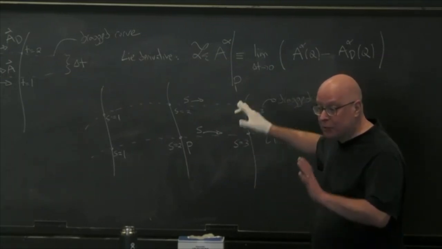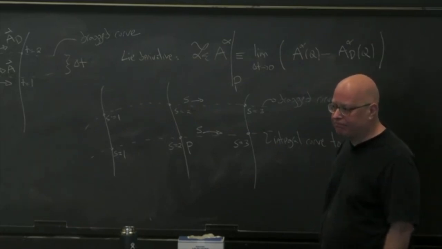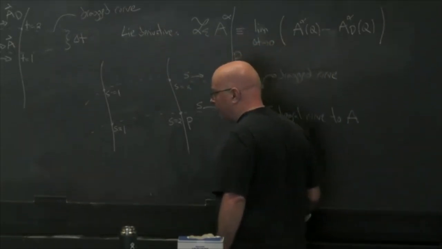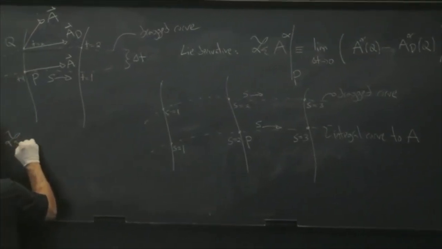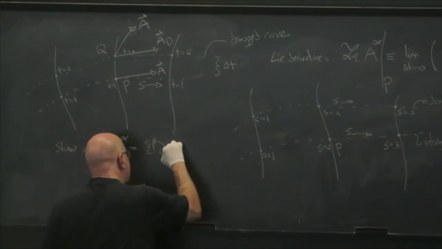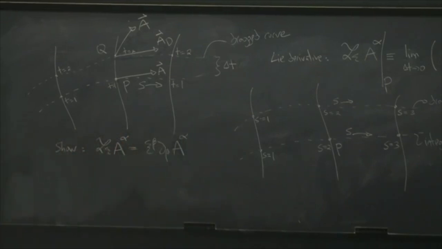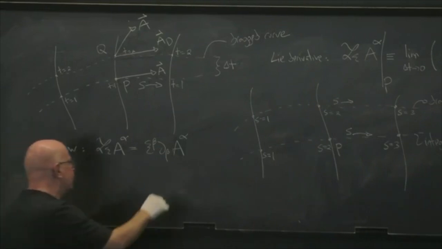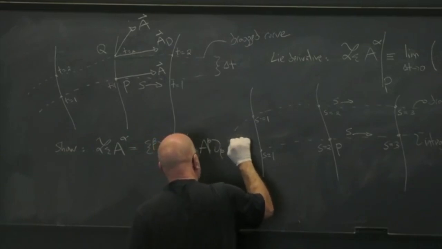But at this point, what's really important is the geometrical picture that arises from that. Then I'm going to show that this Lie derivative amounts to the derivative of the vector field A along C, expressed in partial derivatives, minus the derivative of C along A.